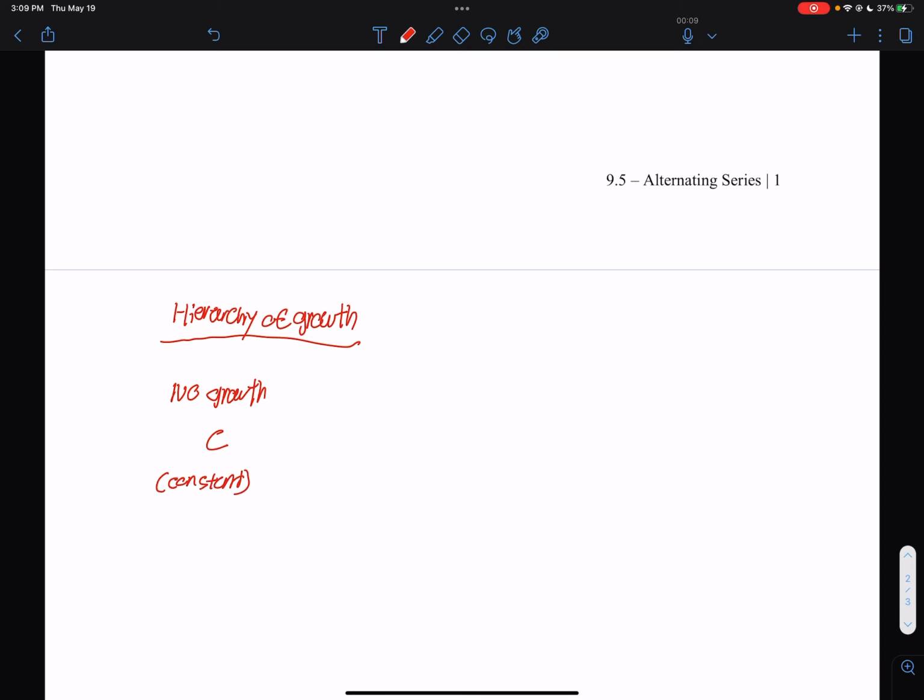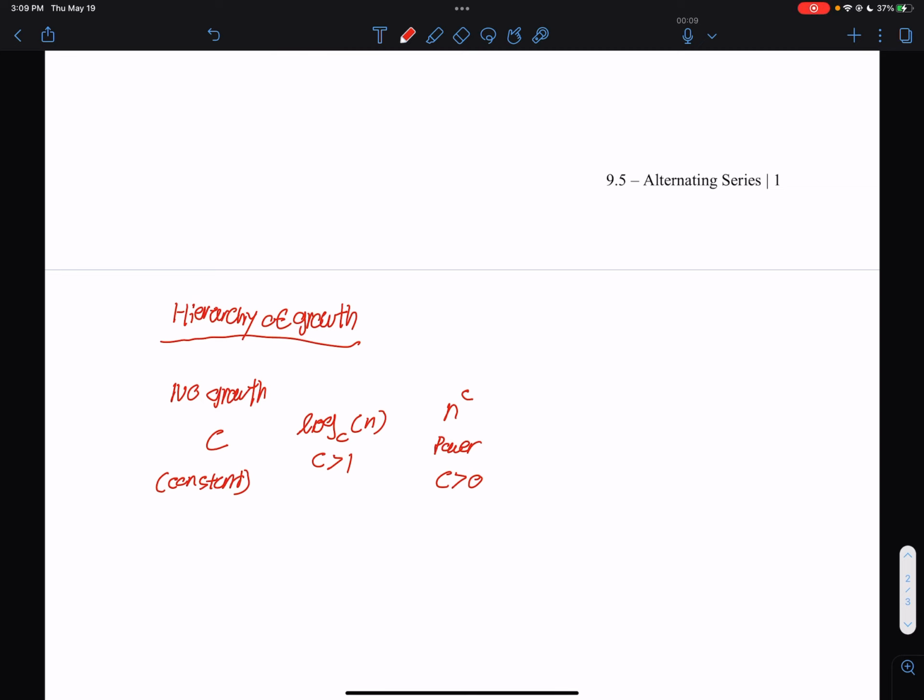Then there's the logarithm of n, and the constant has to be greater than 1. Then there's a power function, n to the c, which is faster than logarithm, and the constant has to be greater than 0.